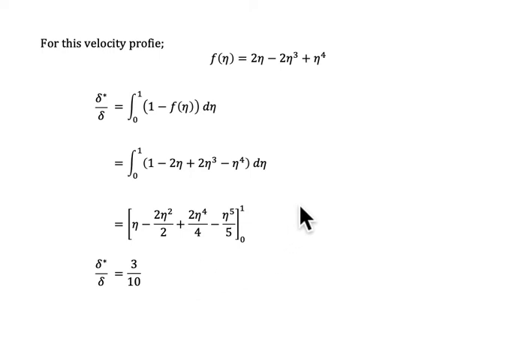The advantage of this integral method is that we could save time doing the integral process compared to the y over delta method.